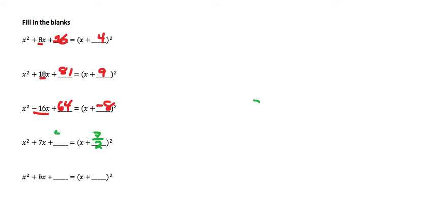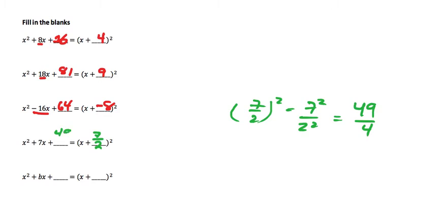So I'll write a note here on the side. 7 over 2 squared is really 7 squared over 2 squared, or 49 over 4. Oops, that should say 4 there. Okay, 49, let me clean this up a little bit.